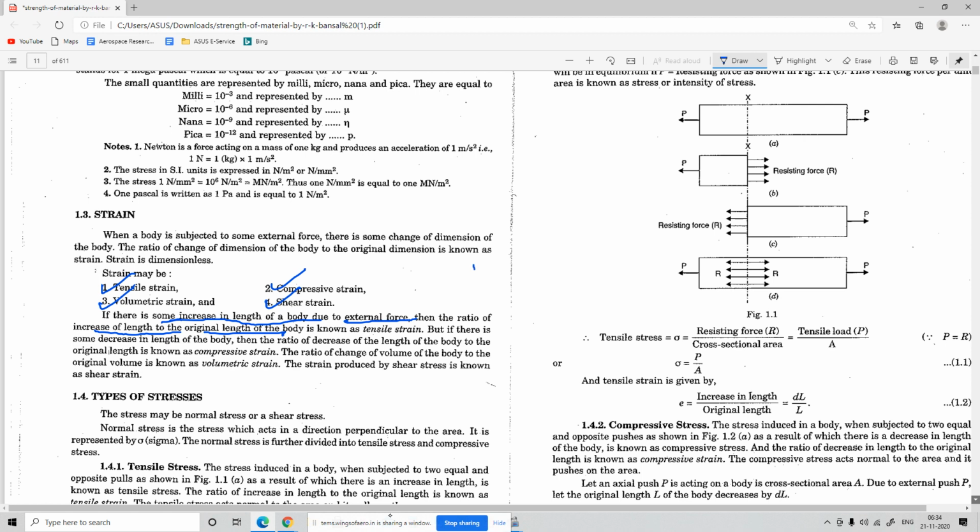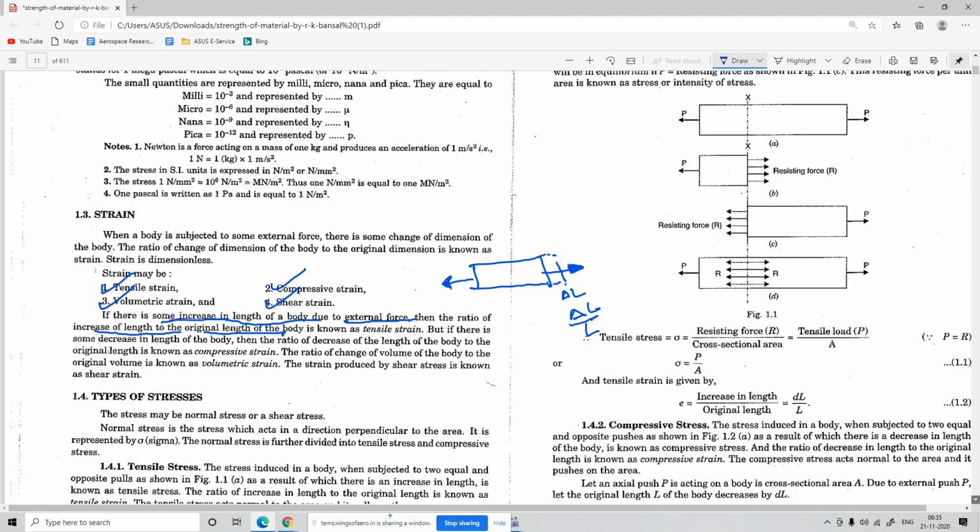If there is a body like this and it is acting in tension, I hope you know what is meant by tensile: both sides you will be pulling outward. So due to this there will be some change in length, and strain is that change in length by the original length.